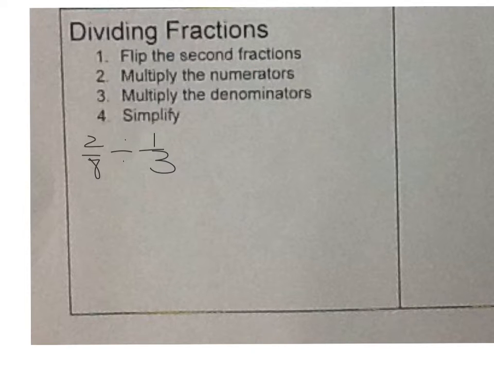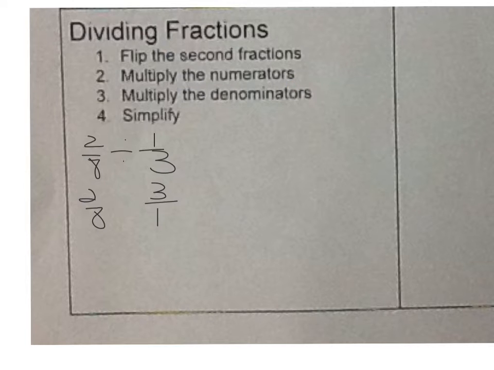This is my second fraction, so I need to flip it. In order to flip it, we simply write this as 3/1. This is also known as the reciprocal. 1/3 and 3/1 are reciprocals. So now that I've done my first step and I flipped my second fraction, I am going to multiply the numerators.